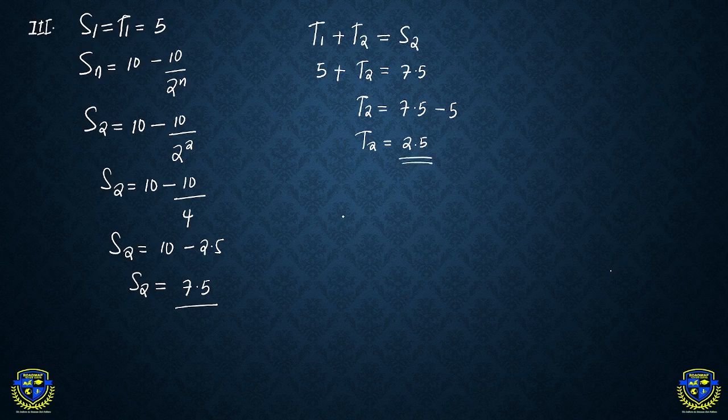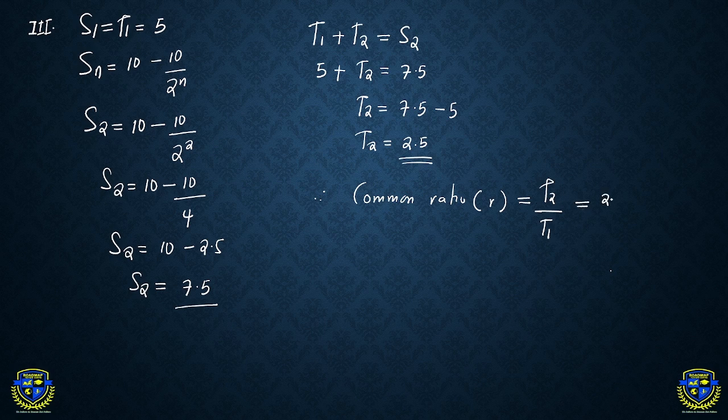Okay? So now that we have found the second term, it will be very easy for us to come up with what we call the common ratio, which is equal to T2 divided by T1.